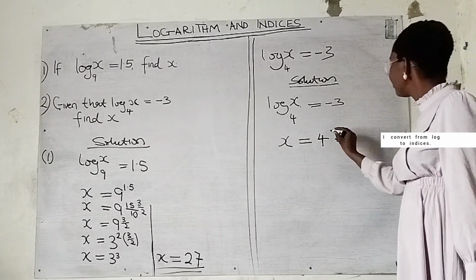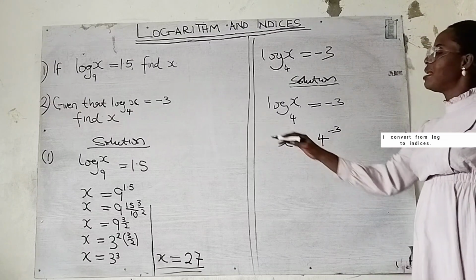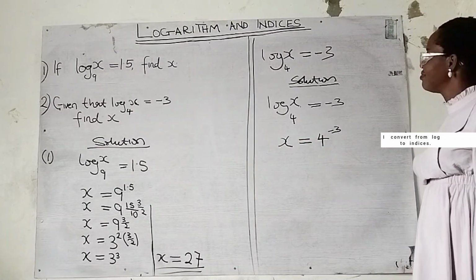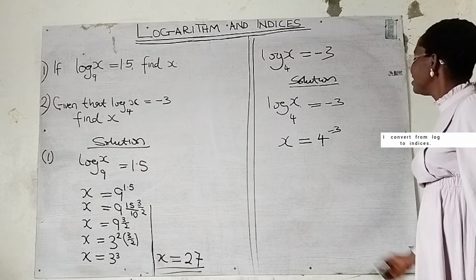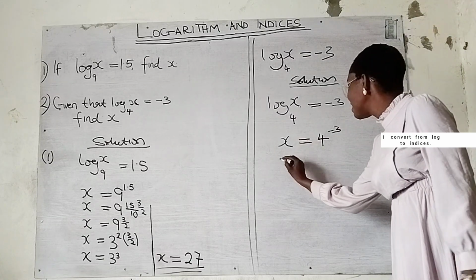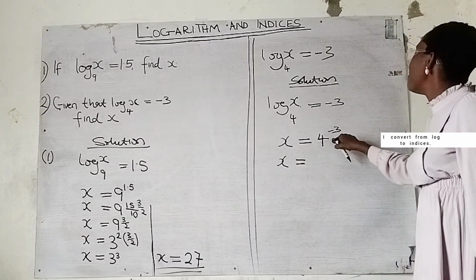Minus 3. Can you see the resemblance with the other one? Yes, there are similar questions. And what do I do again? This one is even simpler. X is equals to 4 raised to power minus 3.